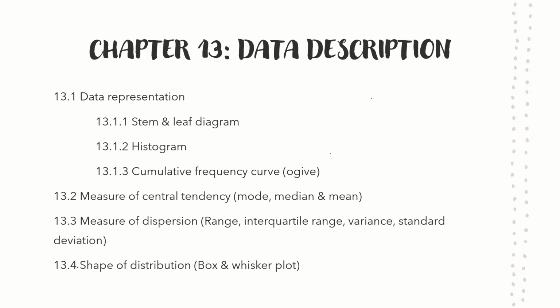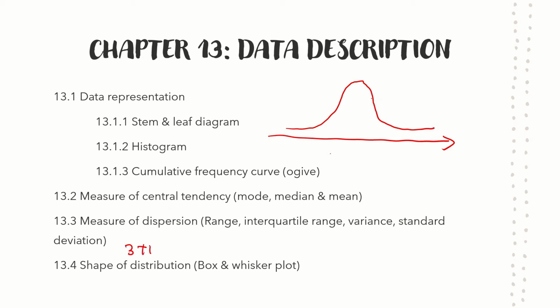Okay. The fourth subtopic is the shape of the distribution. You have known what the distribution shape is. If you learned in the SPM syllabus, the probability distribution, the standard normal distribution is symmetrical, right? Like this. This is the shape of the distribution, and we have 3 types.